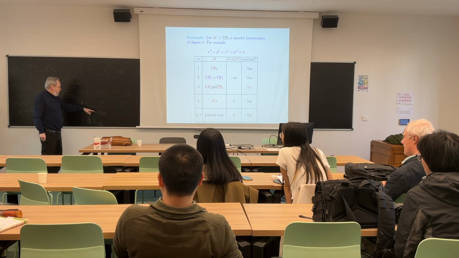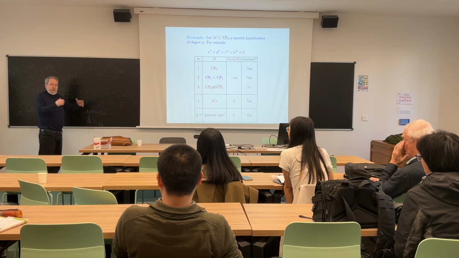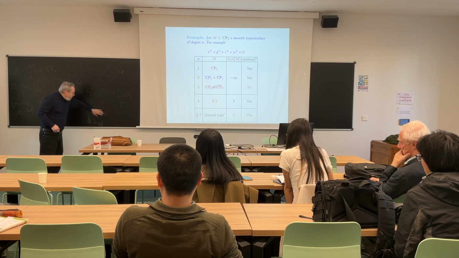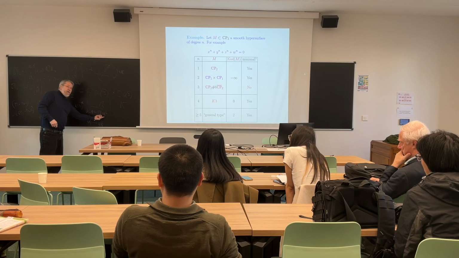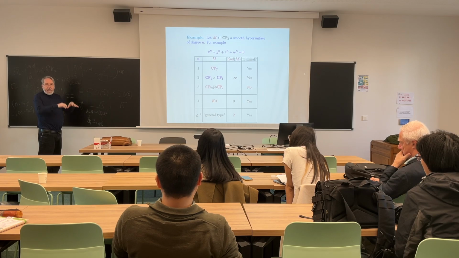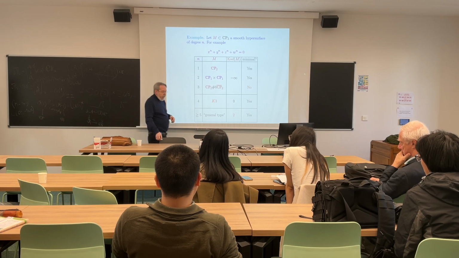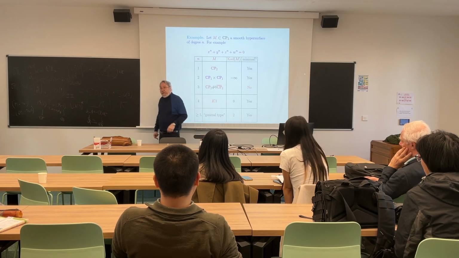And so the way I was showing you to think about the blowdown is that this bundle obviously has a map to C2, just forget one factor. But now it's an interesting map when you take this inclusion and compose with that projection. That gives you a tautological map from the O minus 1 line bundle to C2. Right. And that's exactly blowing down. That's this blowing down map. Other questions?